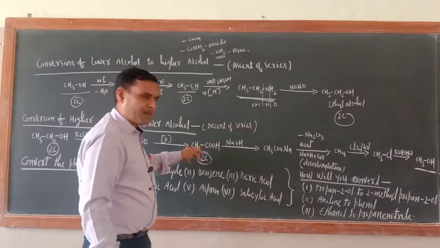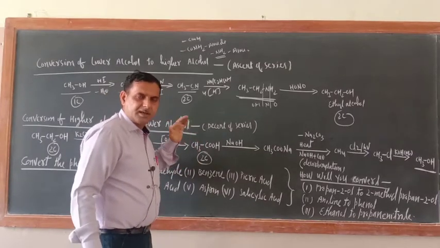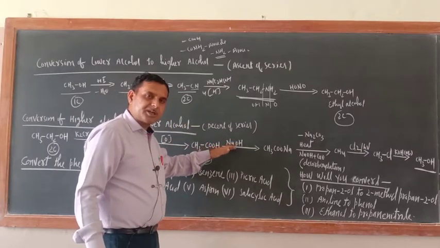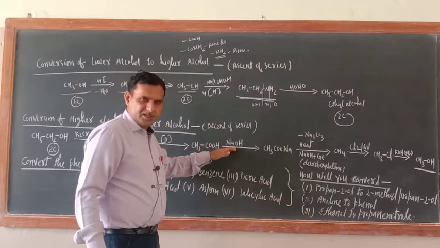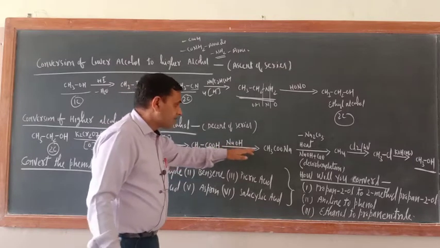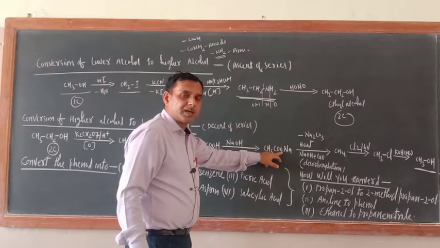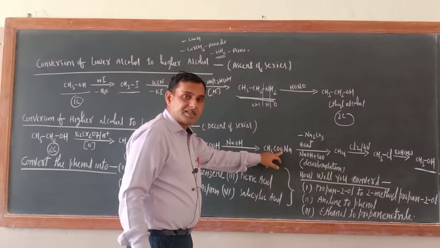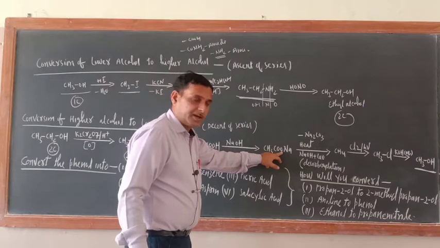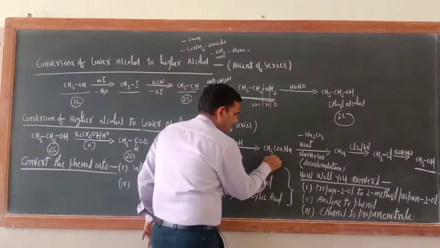Now let us come back to 11th class knowledge. When carboxylic acid is treated with NaOH, the product is the sodium salt of carboxylic acid. This is sodium ethanoate, or sodium acetate. Here also the carbon atoms are 2.